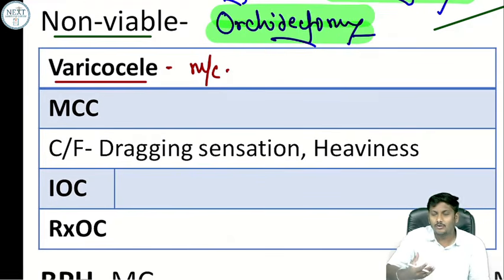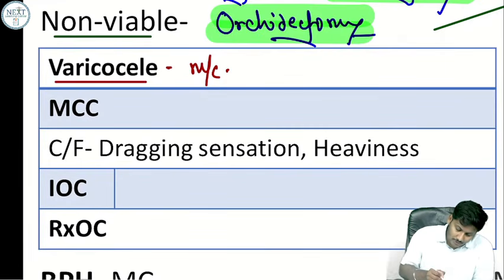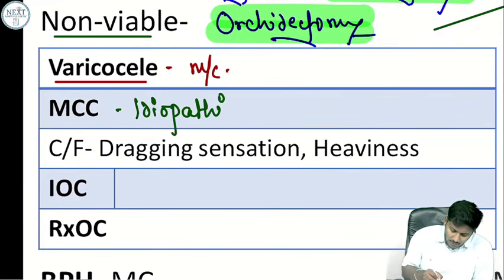So we know varicocele happens when the testicular veins or the pampiniform plexus of veins is not able to drain the blood properly and there is pooling of blood. Most common cause is idiopathic here also. The leading cause of varicocele is again idiopathic, or unknown. Pendulous scrotum can increase the risk.